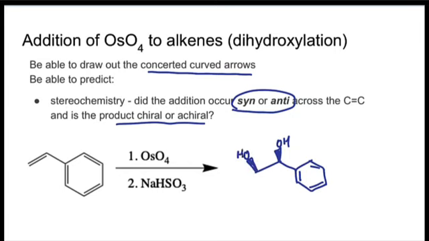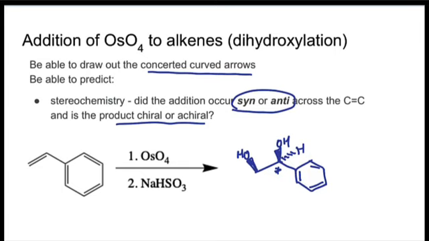Now, the mechanistic details on the last slide are going to help you understand why it's syn, but for now, let's just predict a few products and decide whether or not that stereochemistry leads the product to be chiral or achiral.